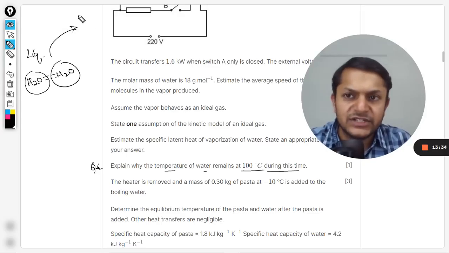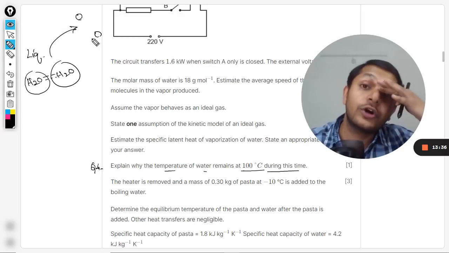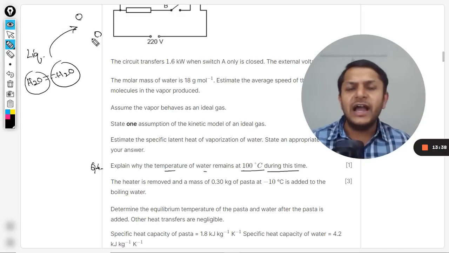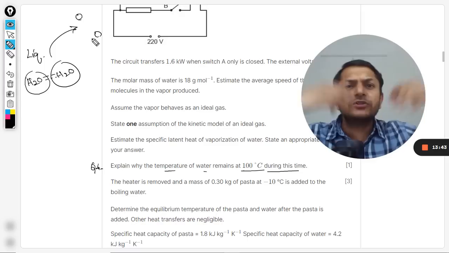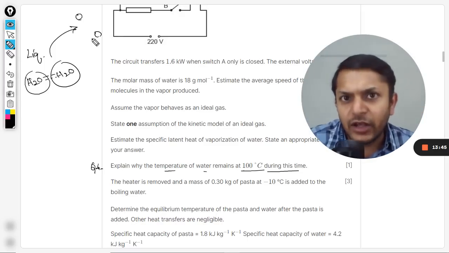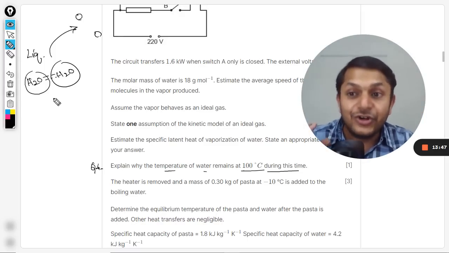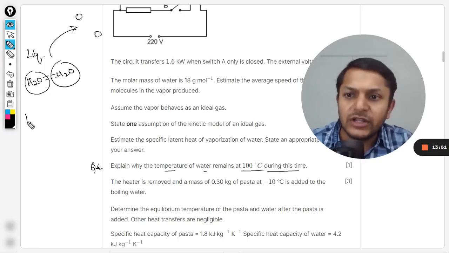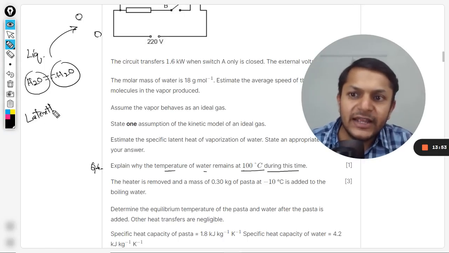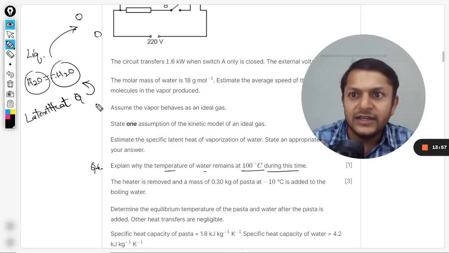When it becomes steam, these molecules are no longer interacting with each other, and the van der Waals forces tend to zero at that time. So the molecules are just moving with random velocities. So we need energy to break the bonds. Latent heat is the energy that is given to the liquid.